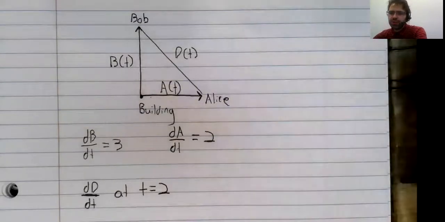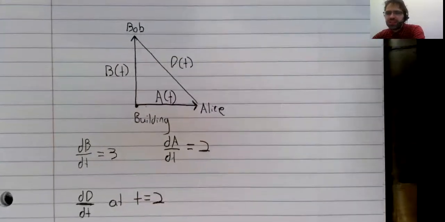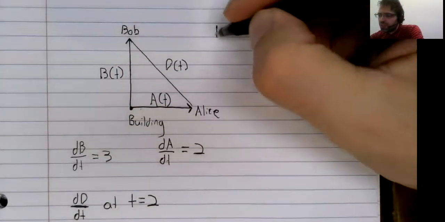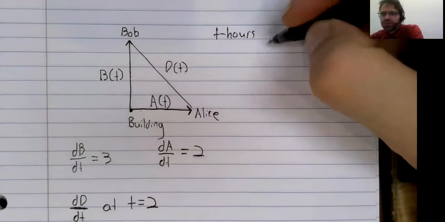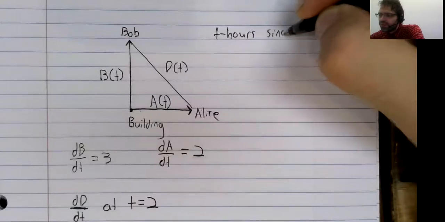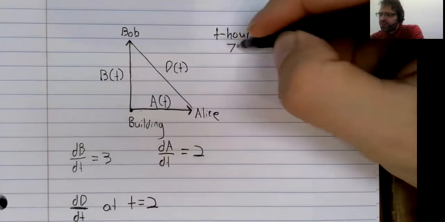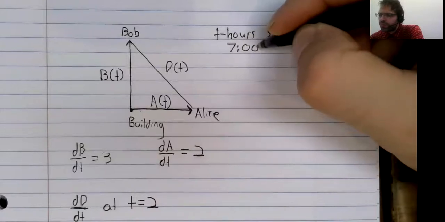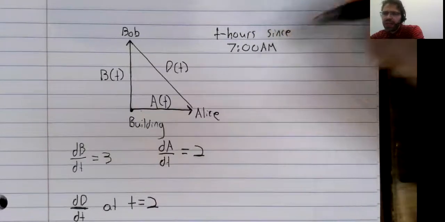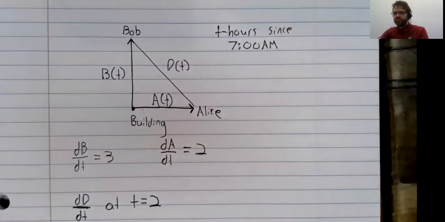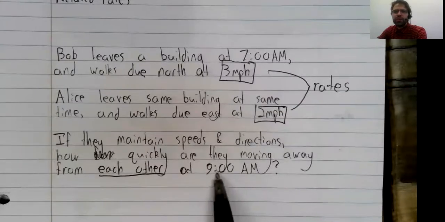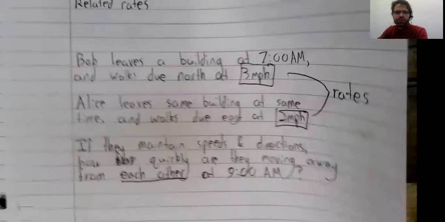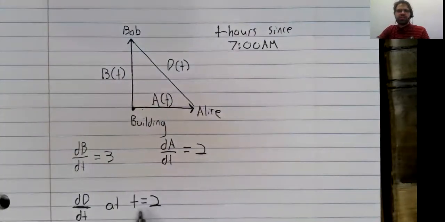T here, I guess I haven't explicitly written this down, but it's the number of hours since Alice and Bob started out, since 7 a.m. So 9 a.m. is 2 hours later. Hence t equals 2.